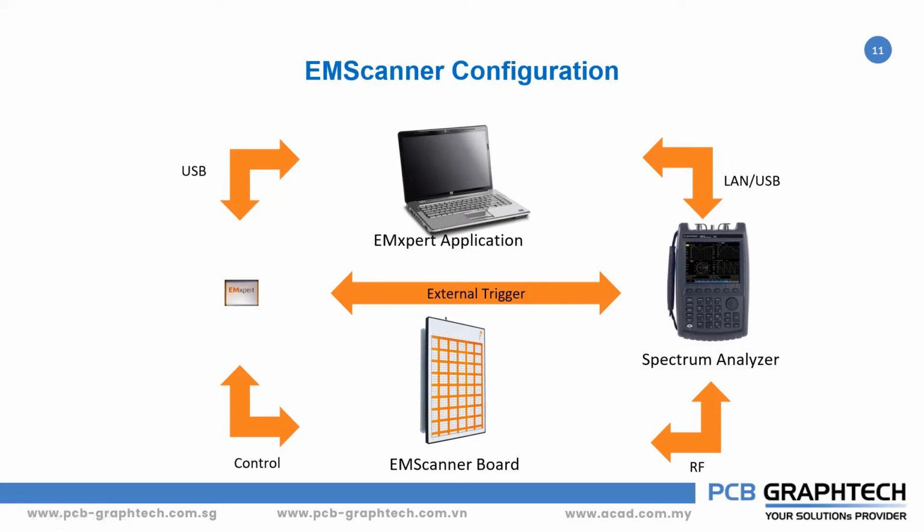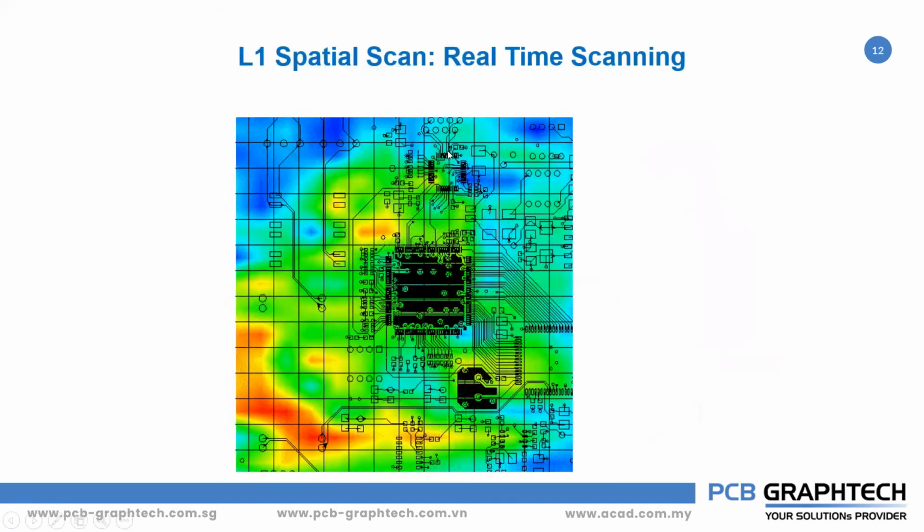Here you will see the graph with the different frequencies and different amplitudes of distortion. The real-time scanning can do continuous scanning to find out where it has the maximum amplitude of distortion, where it has the minimum, and the moderate amplitude of distortion.